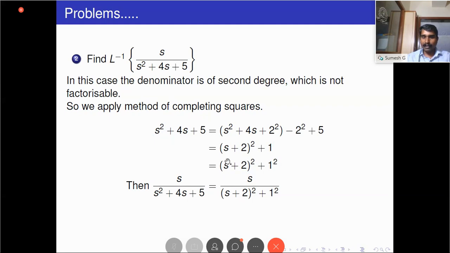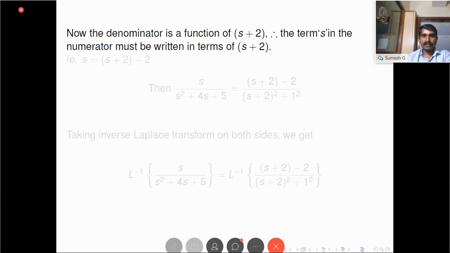So denominator can be changed as s plus 2 whole square plus 1 square. That is s by s square plus 4s plus 5 is equal to s by s plus 2 the whole square plus 1 square. Now we can find inverse Laplace by taking L inverse on both sides.